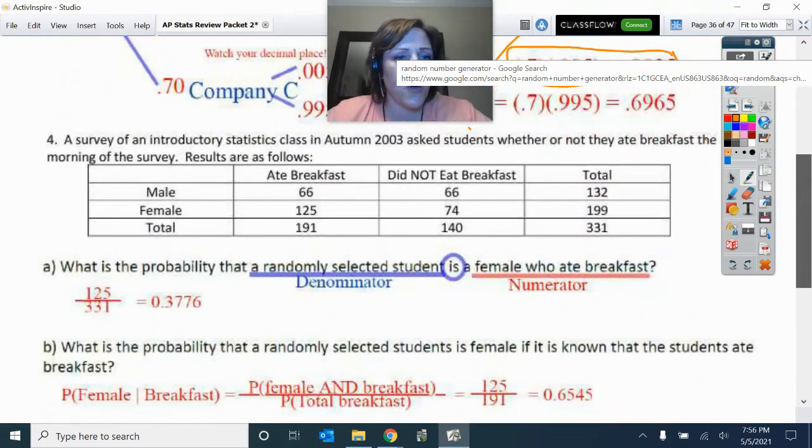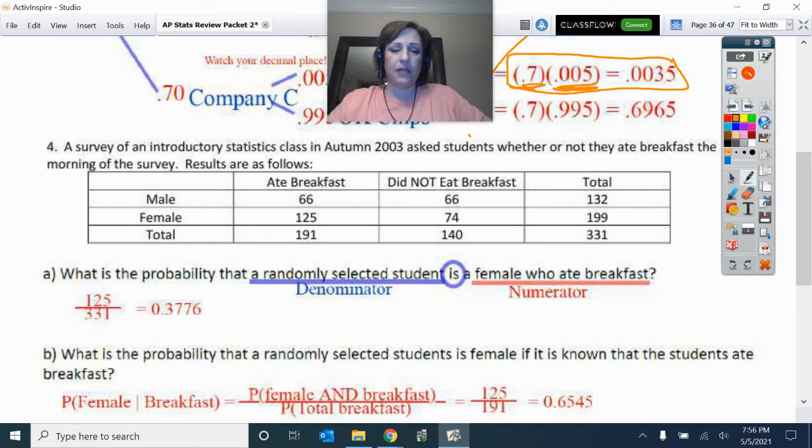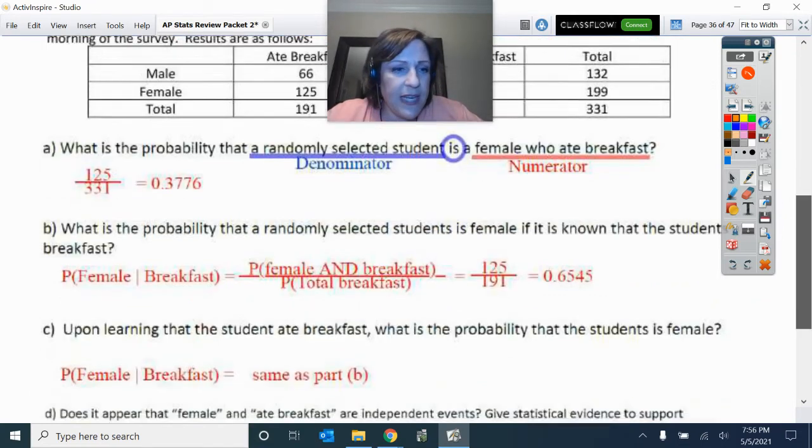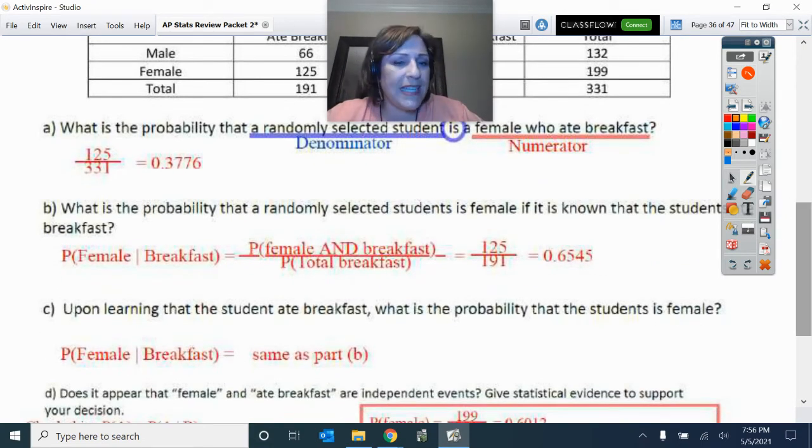Okay, what's the probability that a randomly selected student, so out of all the students, okay, we're watching our denominators carefully here. The female ones is the numerator. So that's what you got there. And then here, what's the probability that a randomly selected student is a female?